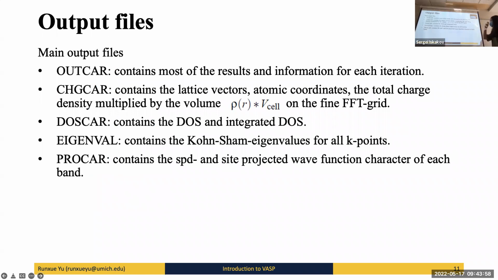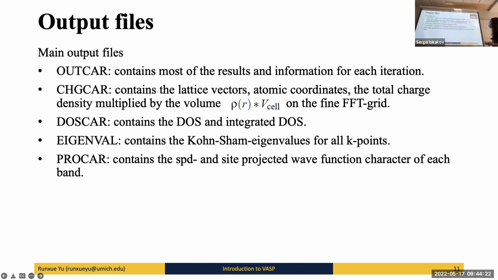So when we define those four input files, then we can have multiple output files. Here I just listed the main output files that we are most interested in. The first one is the OUTCAR. It will contain most of the results and the information for each iteration. The second one is CHGCAR.